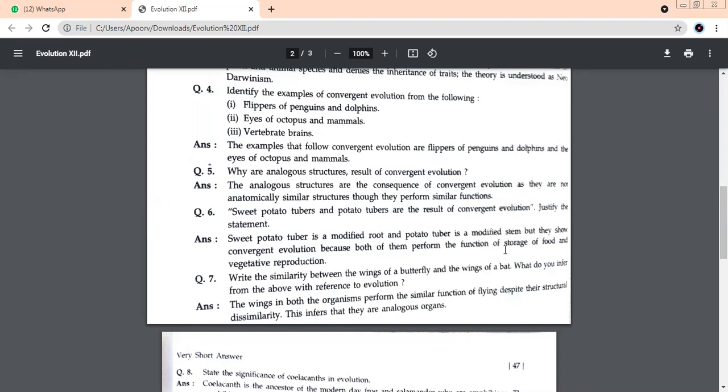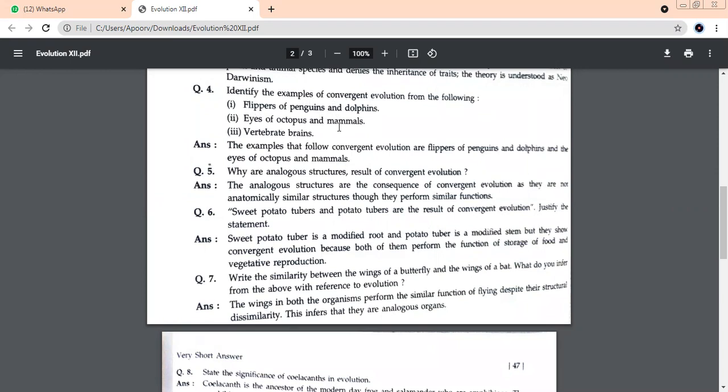But both of them have got some similarity now. After many generations, both of them are performing the function of storing the food and vegetative reproduction. That is why we can say this is an example of which evolution? Convergent evolution. Here also, the structures are not very similar, but the functions are same.